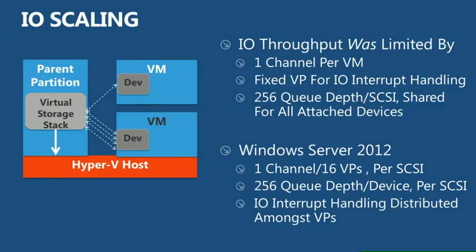Exactly all these 3 features pooled in to make that million IOPS possible. So what you really have with Windows Server 2012 is that you're not being limited by the virtual storage stack. Whatever IOPS you can get from the host stack, you could literally plumb it through the VM.